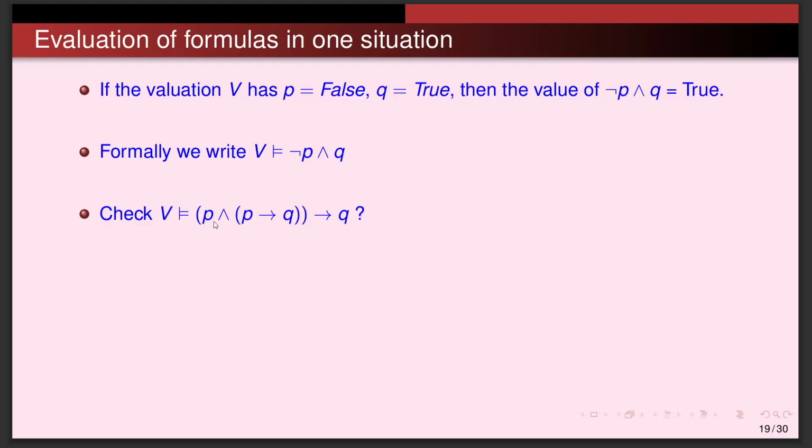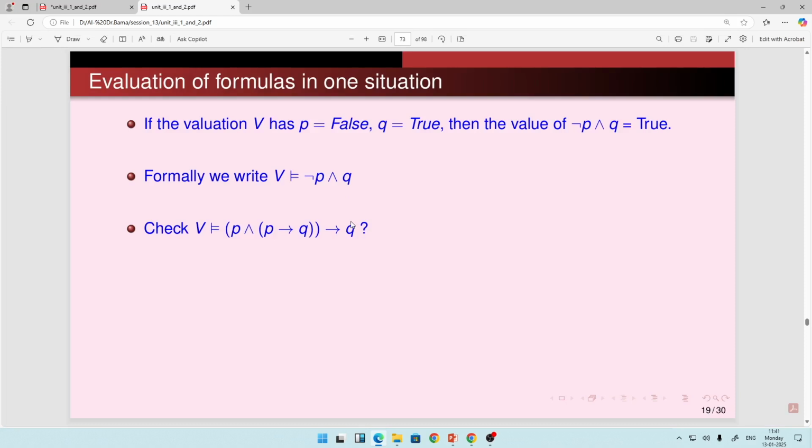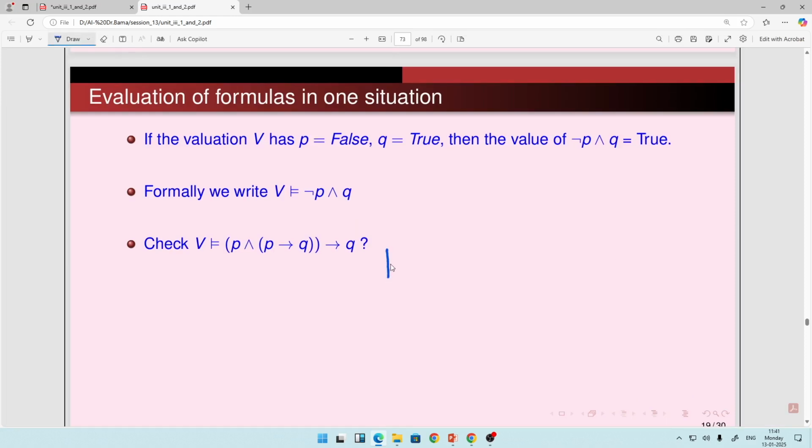In that case, we are going to write v entails not p and q. The other question that we asked last time was whether p and p implies q, the whole implies q. Suppose we take p is equal to true and q is equal to true.